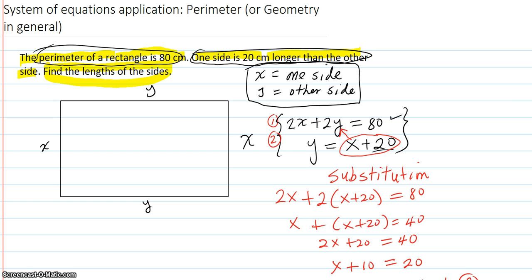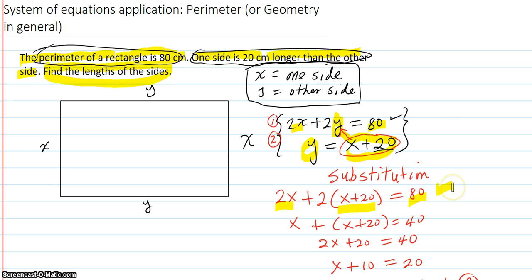So substitution, and we're going to take this x plus 20, which is the y, and plug it right in for the y right there in number 1. And it results in 2x, there's the 2x, plus 2y, there's the y, equals the 80.